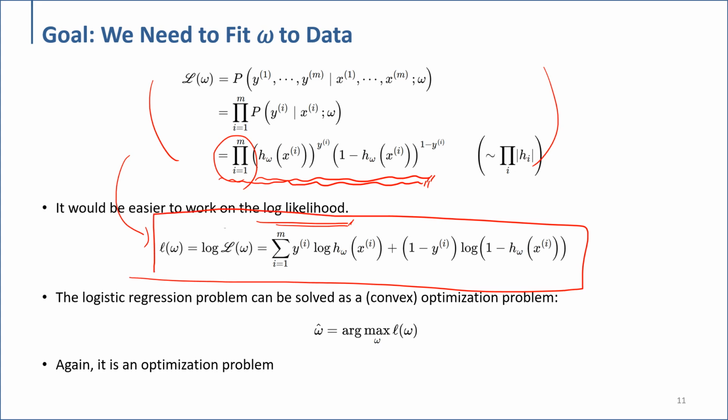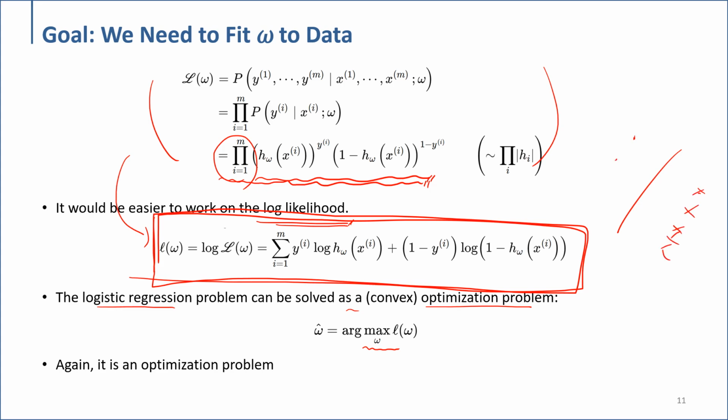So the logistic regression problem can be solved as an optimization problem to find the maximum value of this log likelihood. By doing so, we are just finding the middle plane of the data points that is robust to outliers. This is the final form of logistic regression.